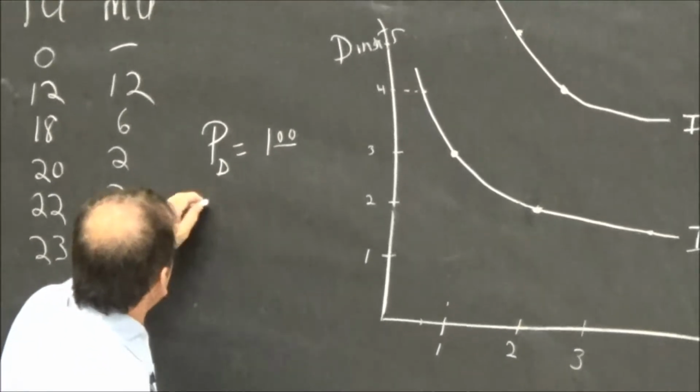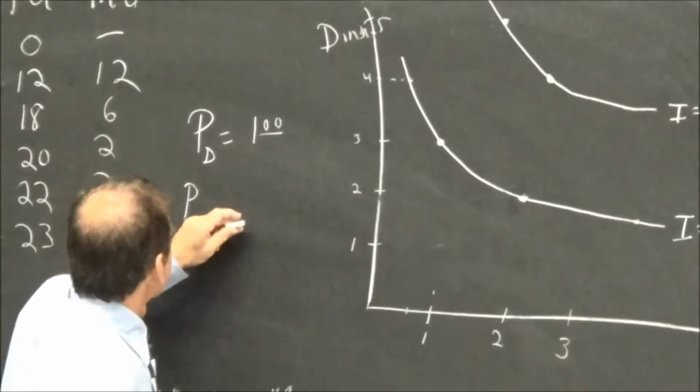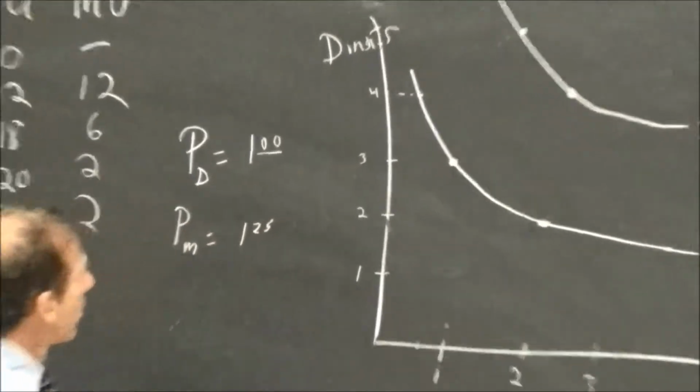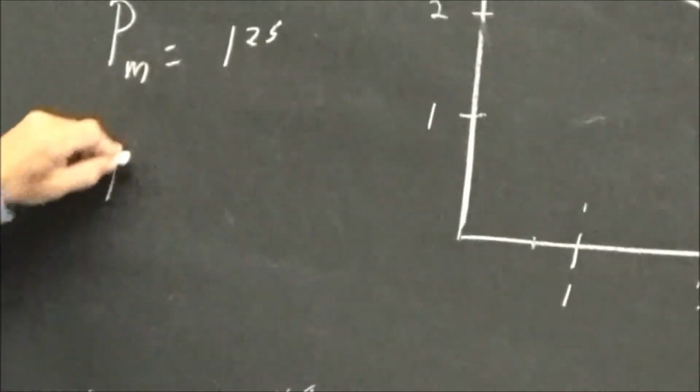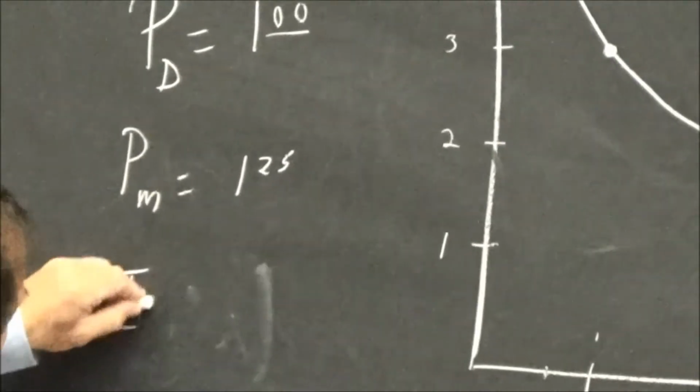And the price of milk would be, say, $1.25 or something. Okay, and you have $5 to spend. So this will be your income.